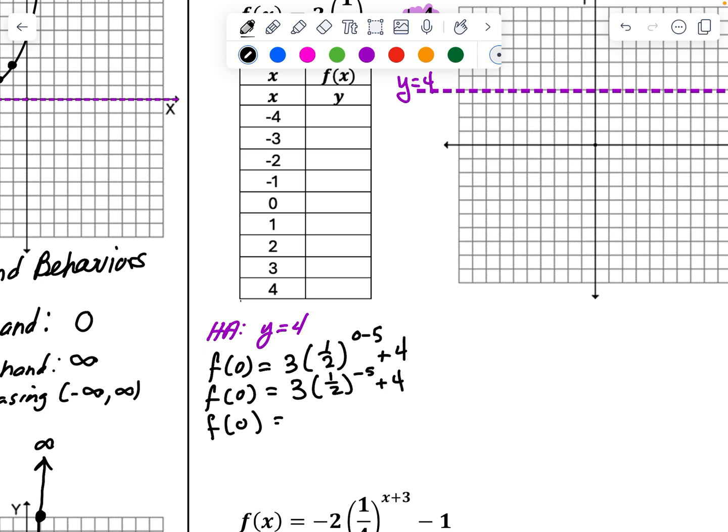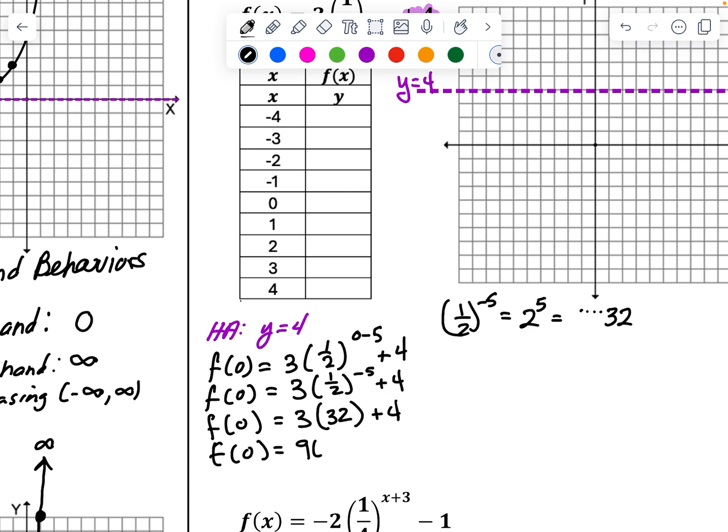One half raised to the negative 5th is 2 raised to the 5th, which is 2, 4, 8, 16, 32. So that's a 32, and this is a plus 4. So this isn't going to be something we can plot, because that would be 96 plus 4, so that would be 100. So the y-intercept is 100, which is not going to happen.